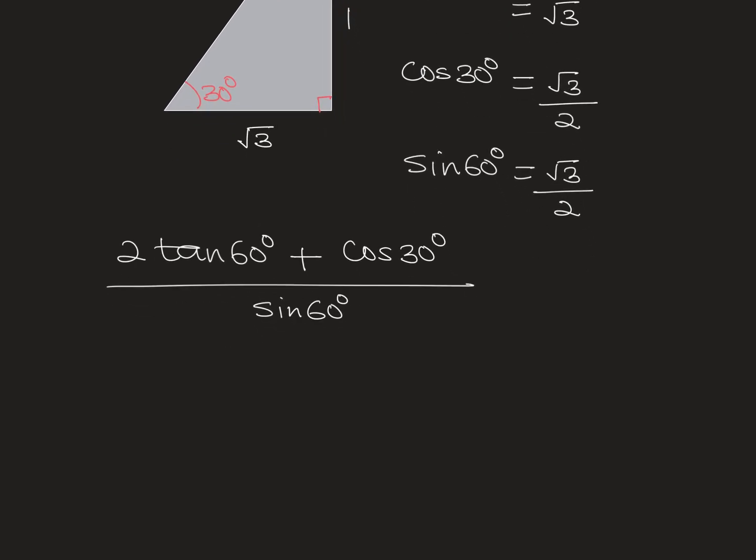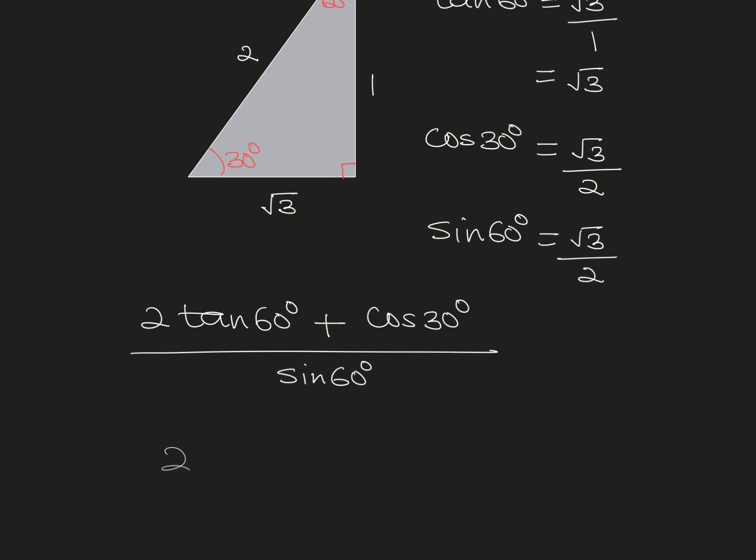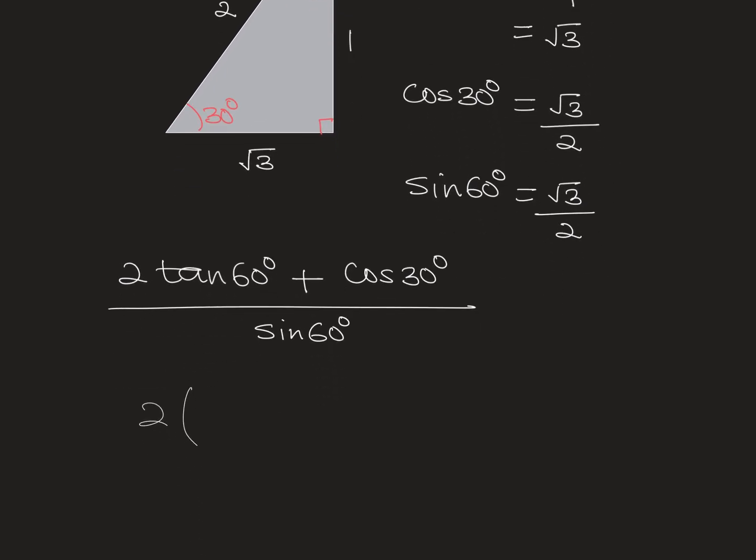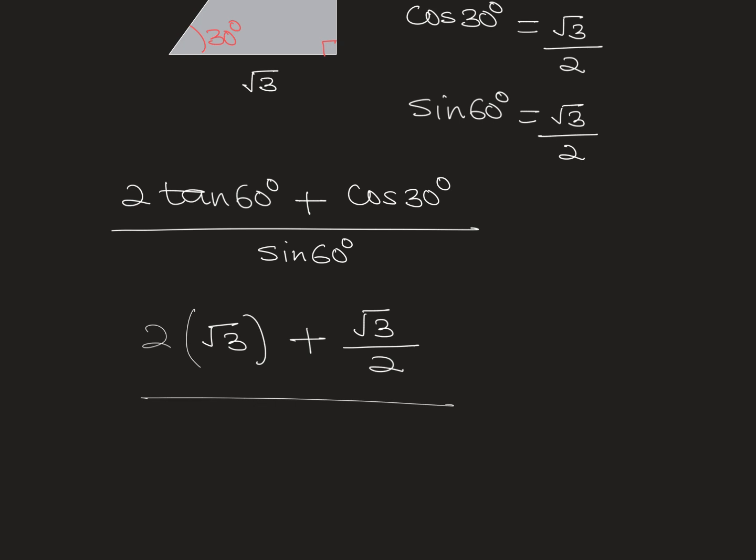So that is 2 multiplied by tan 60, which is root 3, plus cos 30, which is root 3 over 2, divided by sine 60, which is root 3 over 2.